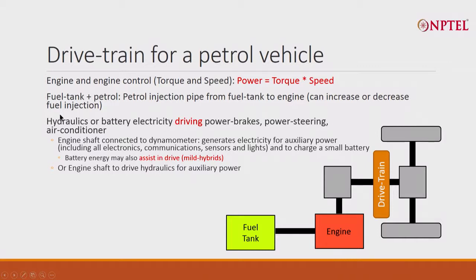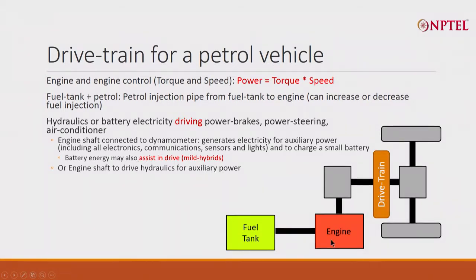Of course, the electronics and communication and lights and sensors will always require electric power. Hydraulics alone will not be enough, but other things like power brakes, power steering and air conditioner could be driven either by hydraulics or electric power.